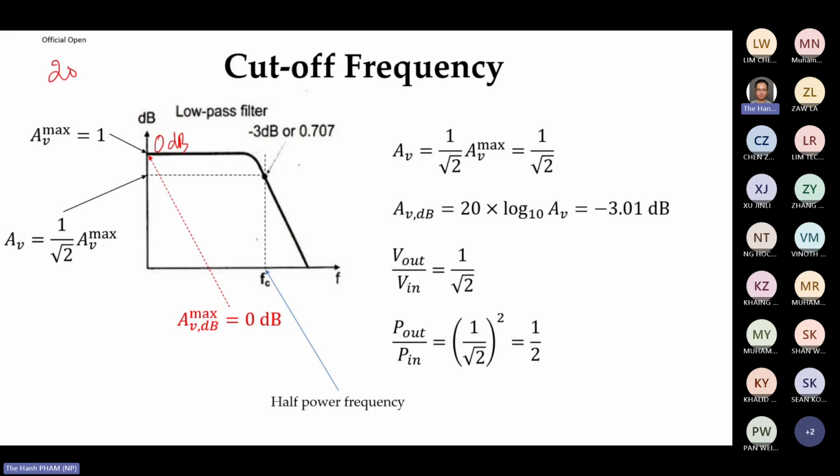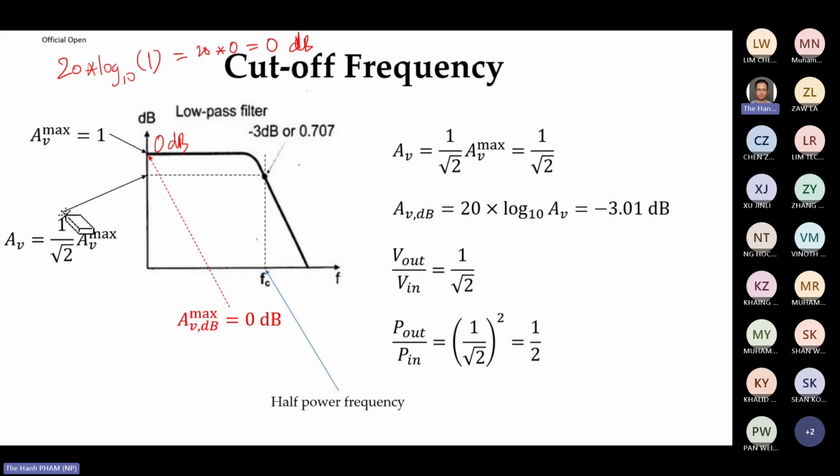Why 0? Because 20 times log base 10 of 1 gives you 20 times 0, which gives you 0 dB. Now, if you go down to minus 3 dB, basically you go down to 1 over square root of 2 of the max.